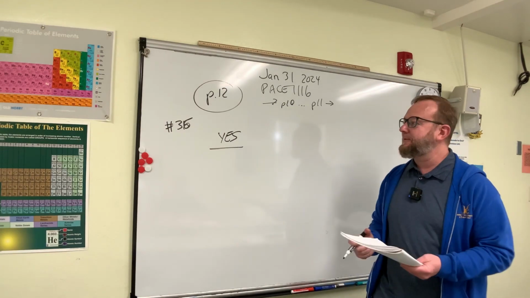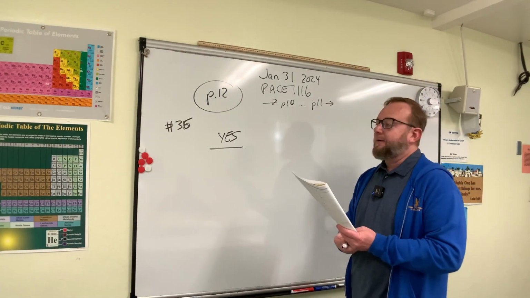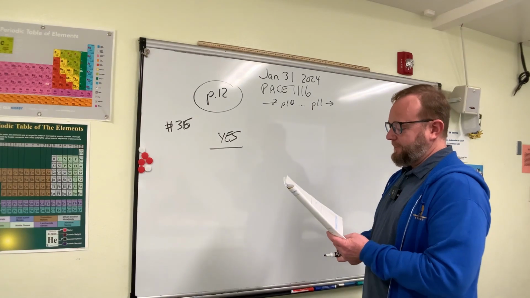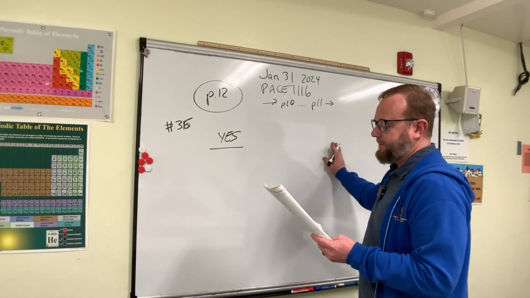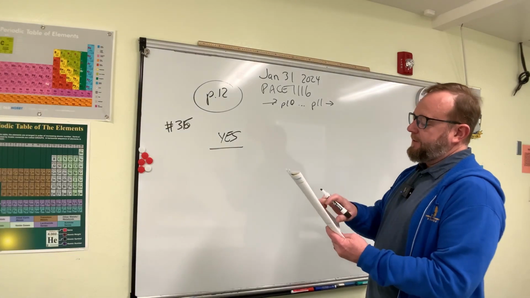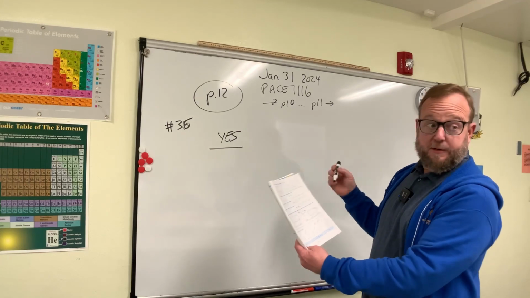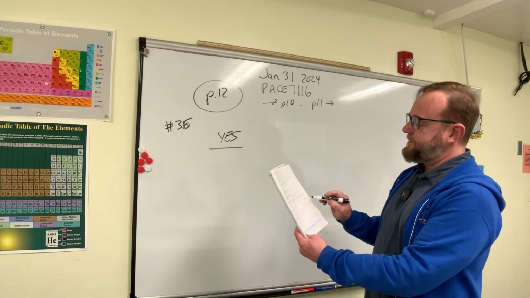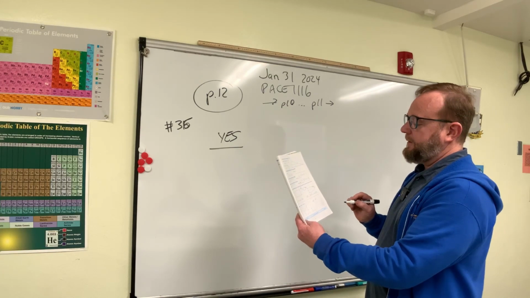Where were we? Number 36, we've got a yes, but we don't have a reason. Number 36 on page 12. We have a yes. What would you say is the reason? If you look at your two polygons, you'll see that the shapes do appear to be similar. So you start to match up and you realize that all of the angles are congruent.